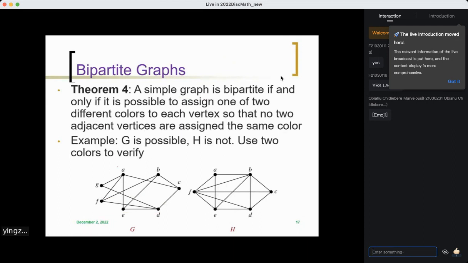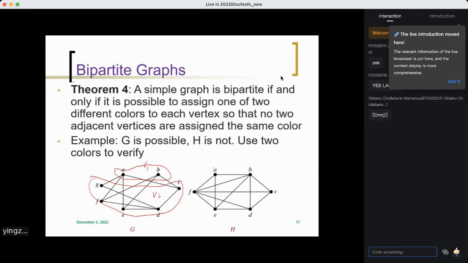That means if you have here A, B, you can say the sets are V1 and V2, and from the edges you can use two different colors for the different vertices. Because there are no connections within a set, this works.